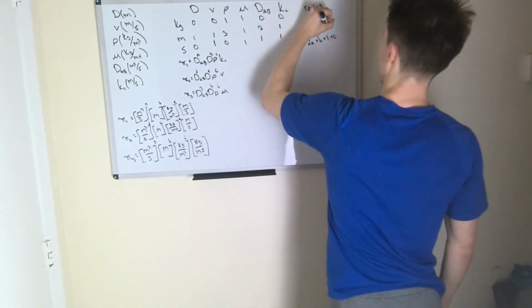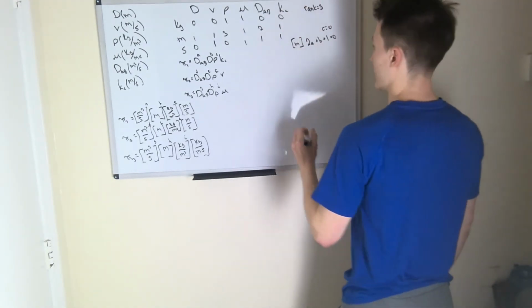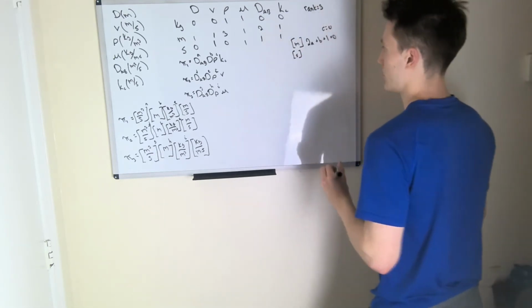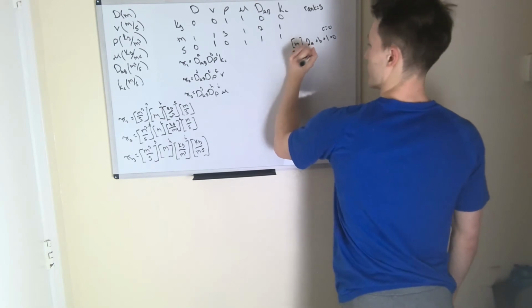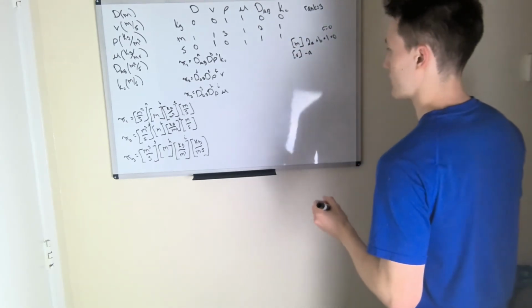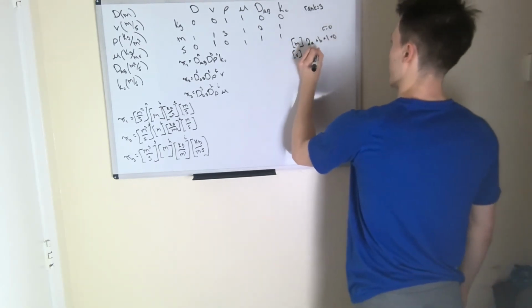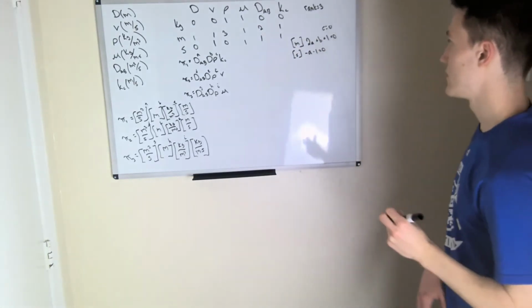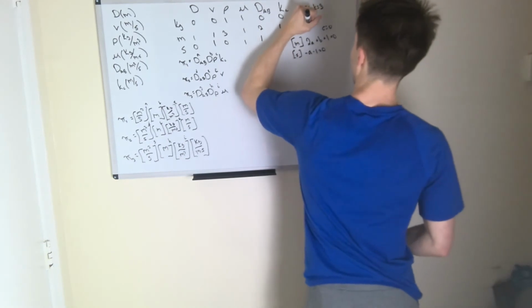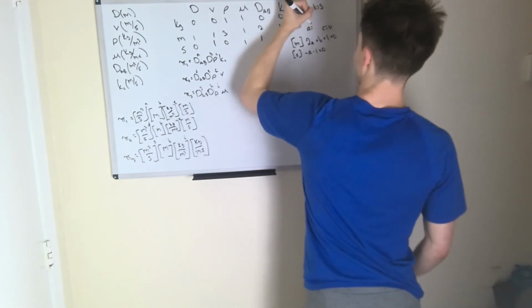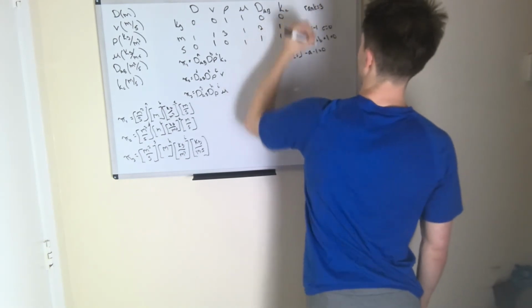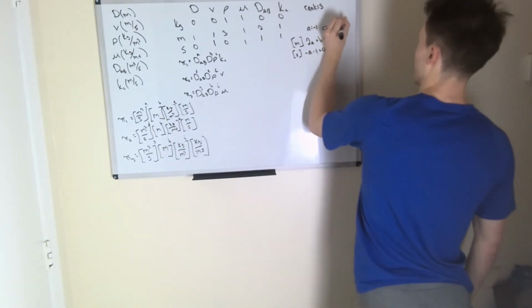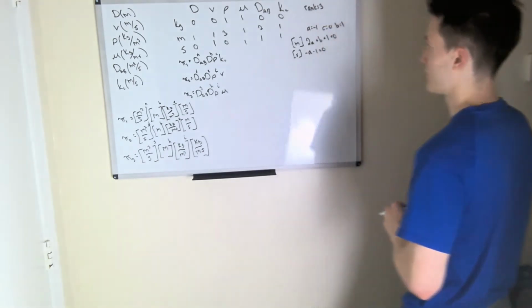And c is equal to 0 as well. Next is seconds, which is negative a minus 1 equal to 0. So we can see here that a is equal to negative 1. Then using this information, we get b is equal to 1.